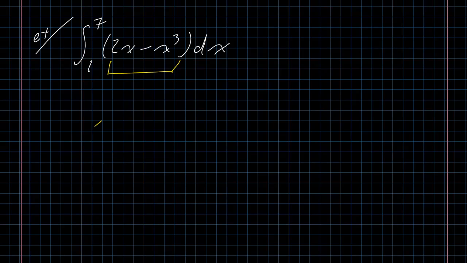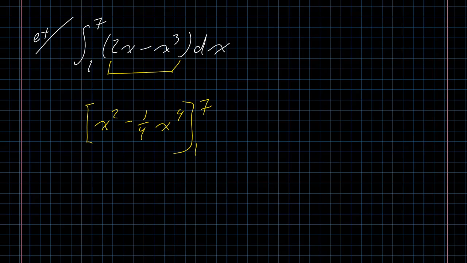It's going to be x squared minus 1/4 x to the fourth, just using the power rule, plus c, but it turns out we don't need the plus c in this case because we're going to be subtracting these things, and so it's not going to make any difference.